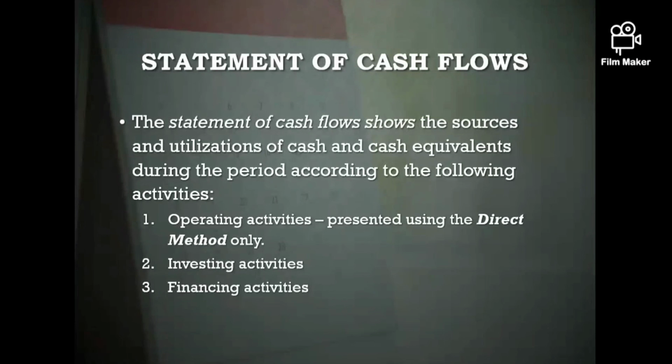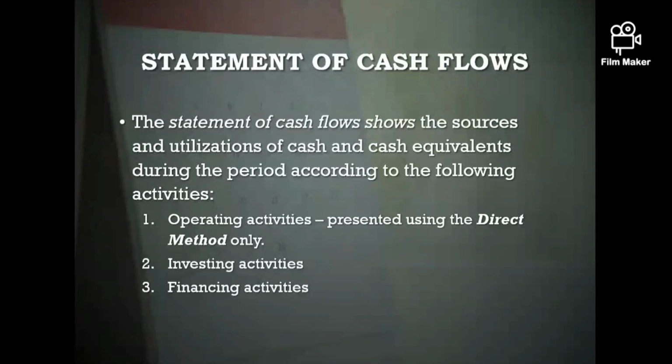So, next natin is a statement of cash flow. In the statement of cash flow, ang ipine-present dito is the sources and utilization of cash. In commercial accounting, same po siya ng presentation dito sa government accounting. Nahati siya sa tatlong activities. Una, operating, investing, and financing. Yun nga lang, in government accounting, we only use direct method.